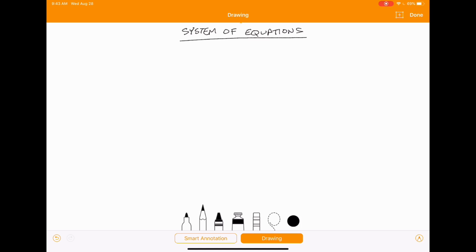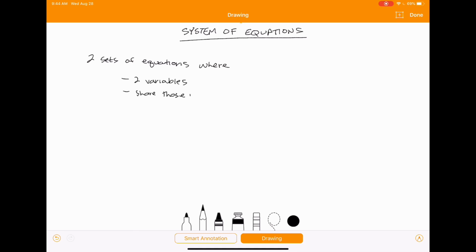So a system of equations is when you have two sets of equations where each equation has two variables and they share those variables.